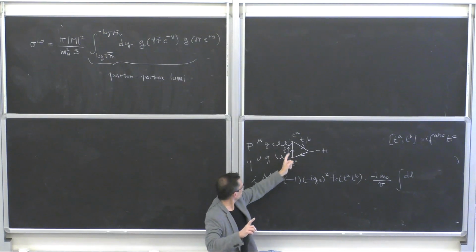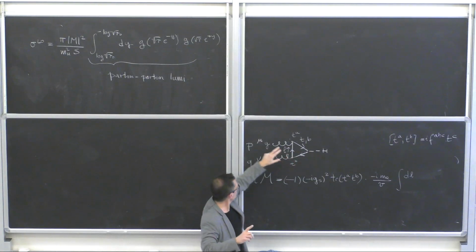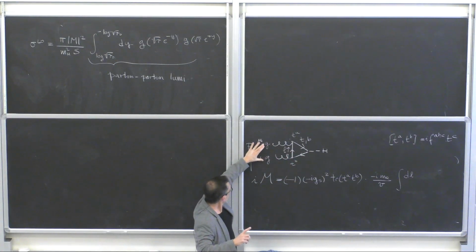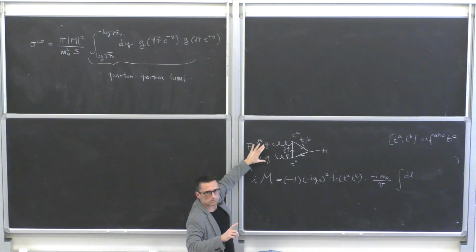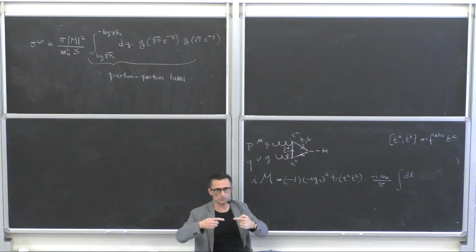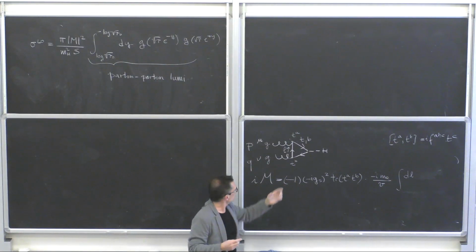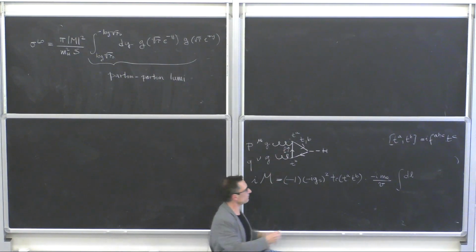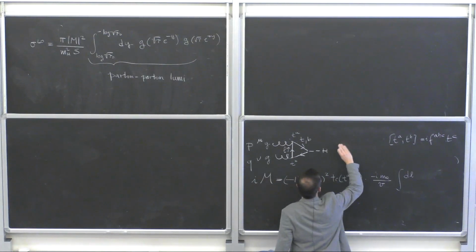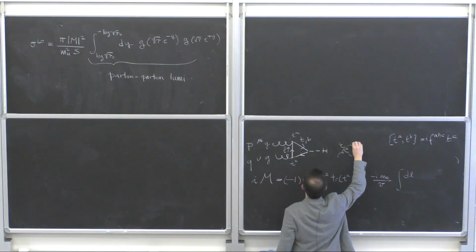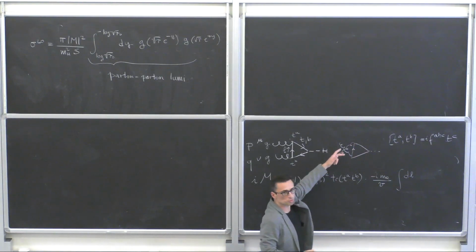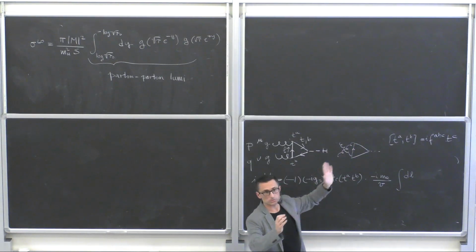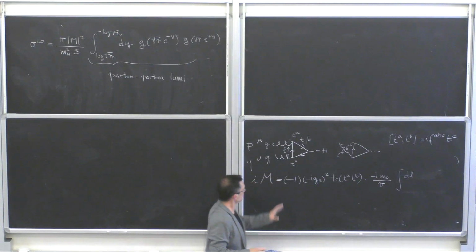Because I can run this guy the other way, and since the two gluons are different, because one is coming from here, one is coming from there, this is another diagram. So I have two diagrams actually. So I either draw them like this with the same arrow and exchange the two gluons, or I invert the arrow. You draw it as you like, but there are two diagrams.